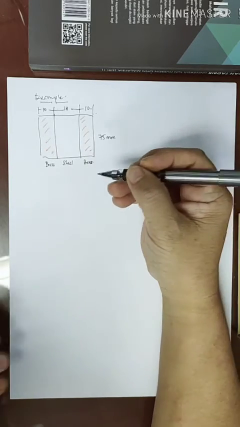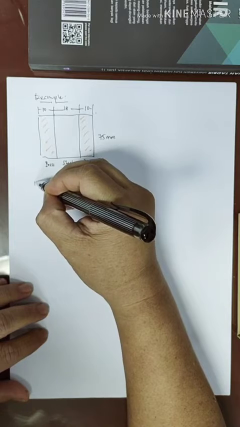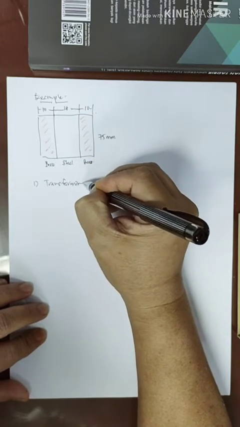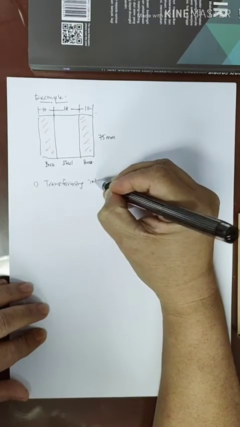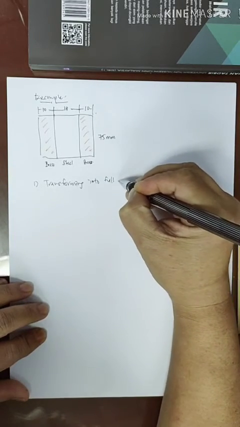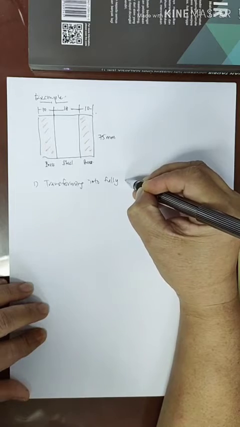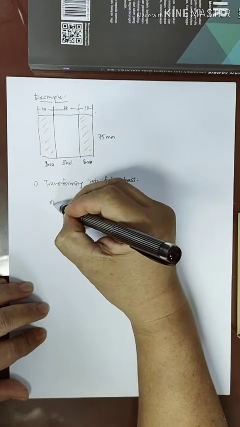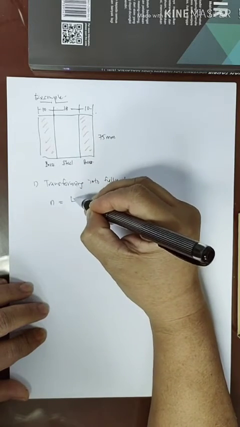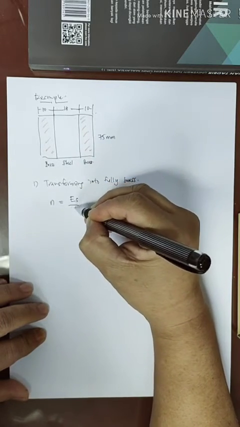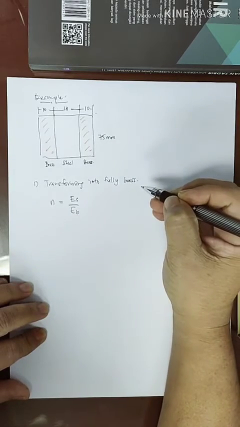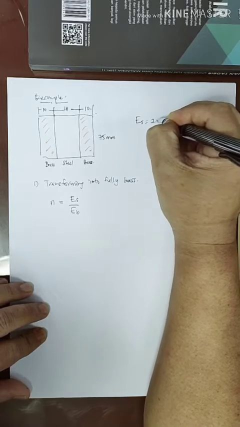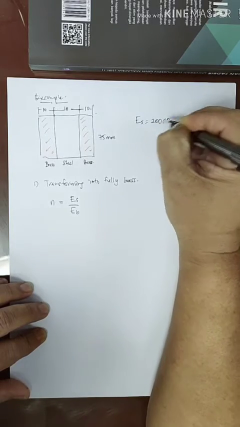Okay, let's say we are first transforming into fully brass. So n should be E steel over E brass. The E for steel is 200 gigapascal.